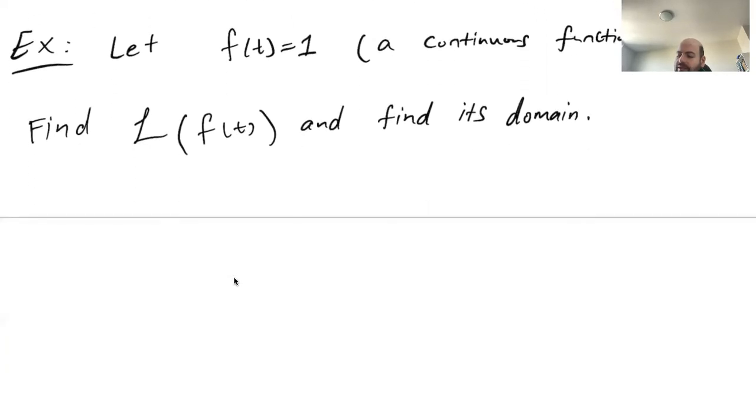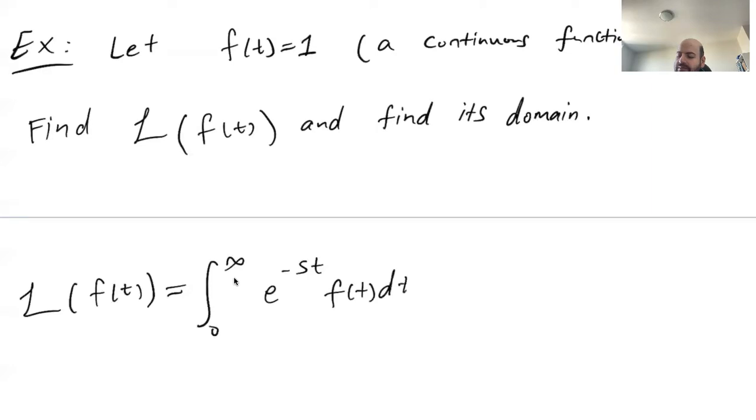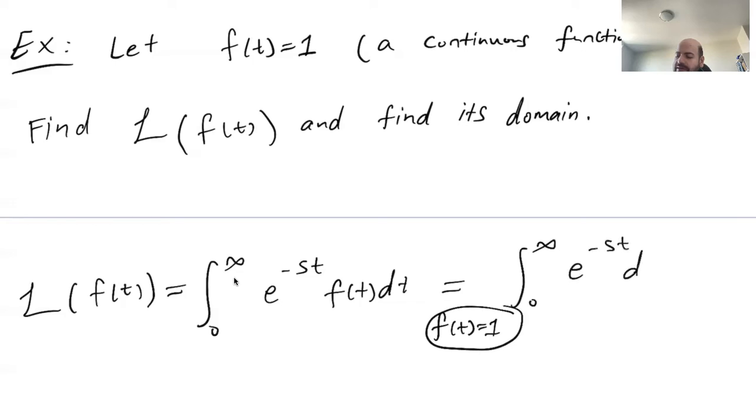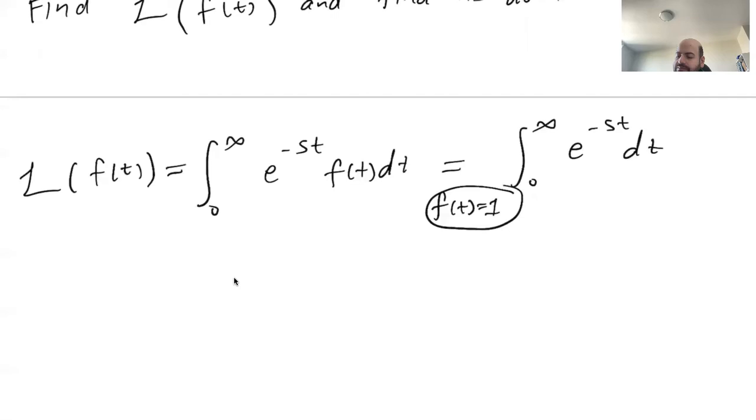So the Laplace transform of f of t, as we said, is defined as the integral from 0 to infinity of e to the power minus st f of t dt, and f of t is 1 here. So this is the integral from 0 to infinity of e to the power minus st dt. I can write this as the limit as h goes to infinity of the integral from 0 to h of e to the power minus st dt.